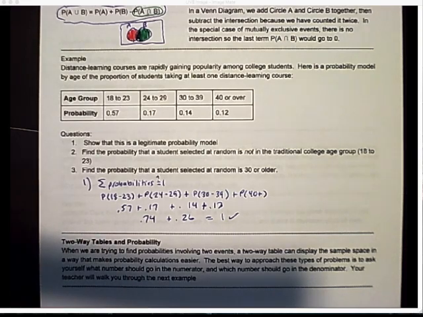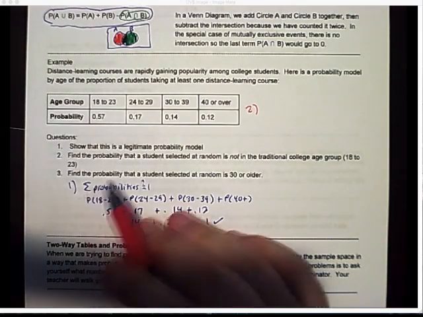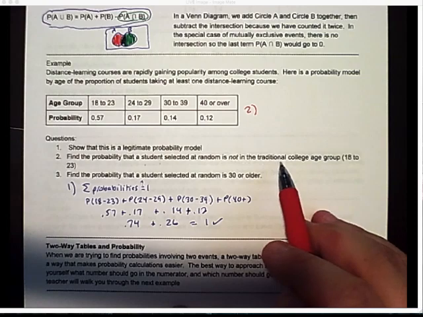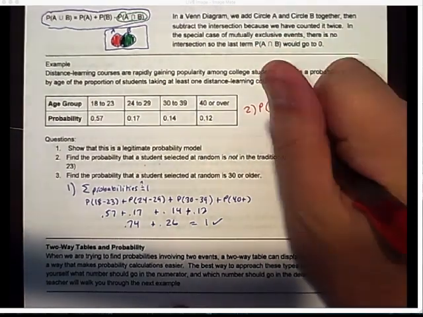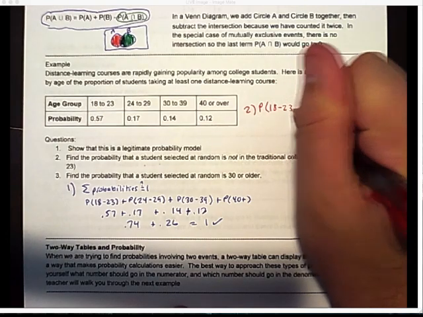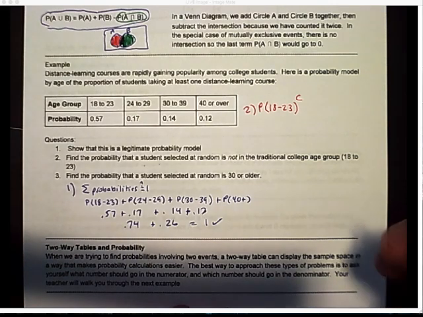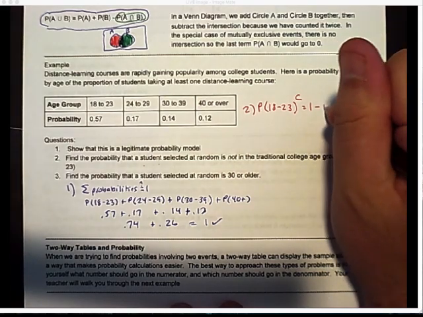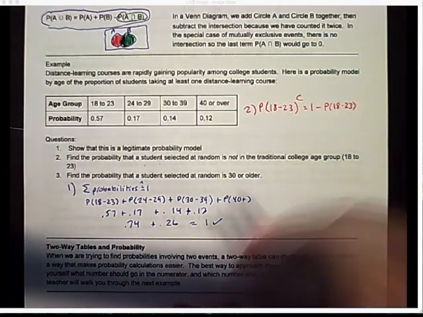All right, number 2. It says find the probability that a student selected at random is not in the traditional college age group. So we want to find the probability that we're getting an 18 to 23-year-old complement. Complement means not. The easiest way to do that is just do 1 minus the probability of someone being in the 18 to 23-year-old group.